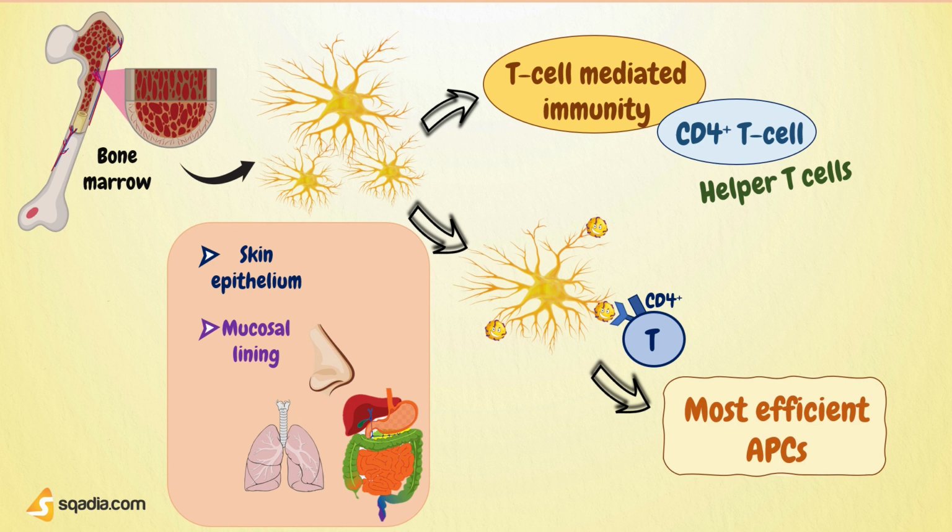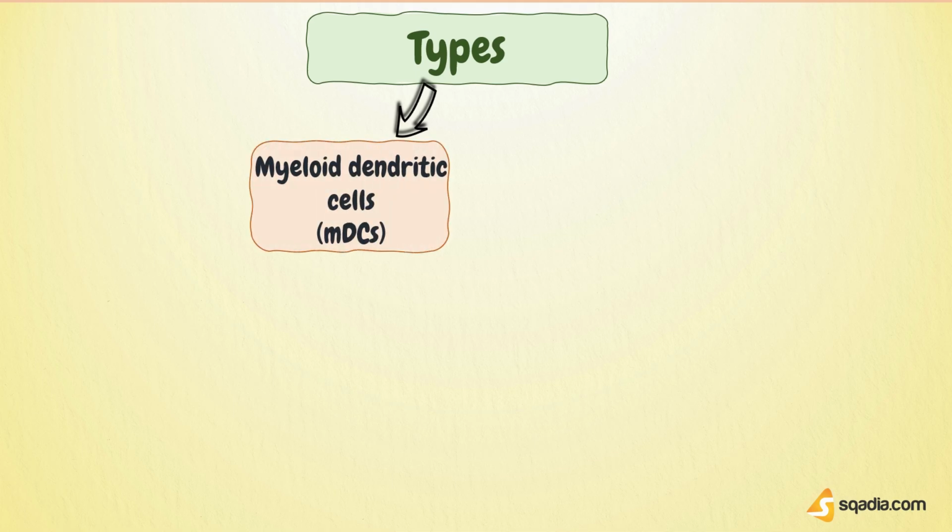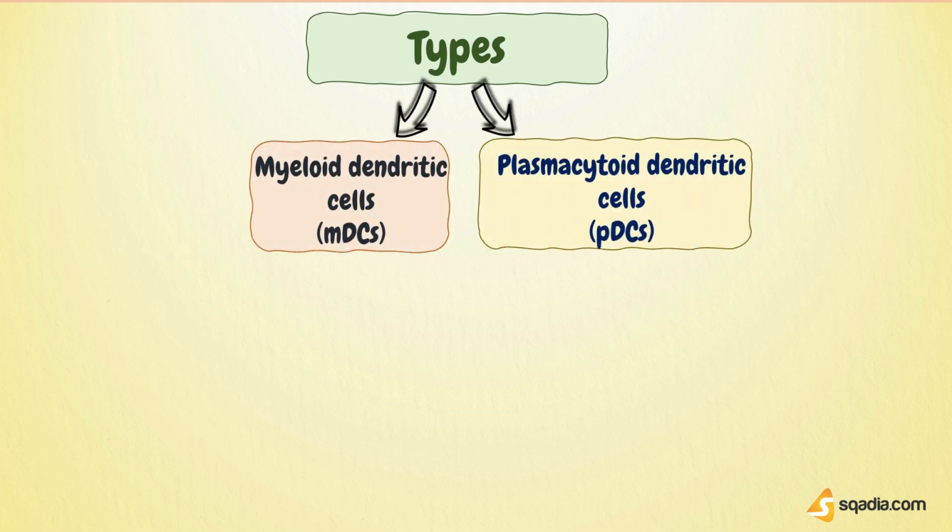Dendritic cells are usually divided into two main classes: the myeloid dendritic cells, MDCs, and the plasmacytoid dendritic cells, or PDCs. Myeloid dendritic cells are also called conventional dendritic cells.